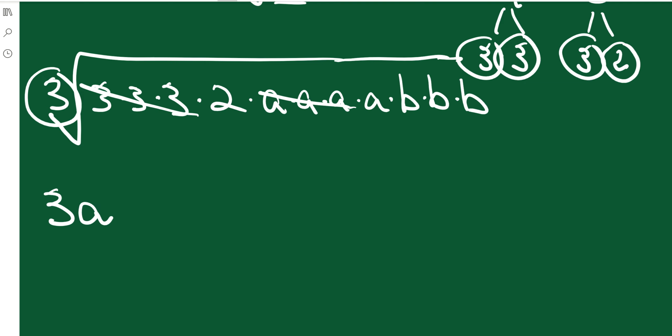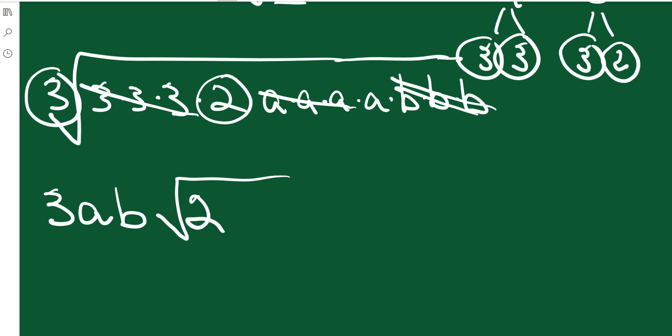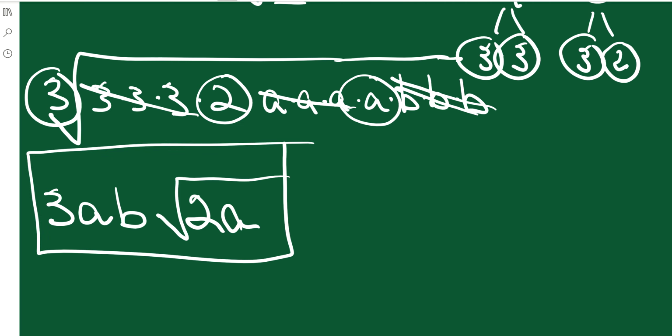And here I've got three b's, and one of those comes out. So I've got 3 times a times b, and then I'm going to put back what's left over, which is this 2 and an a here. The b's are gone. I took those out, and this is my answer for that problem.